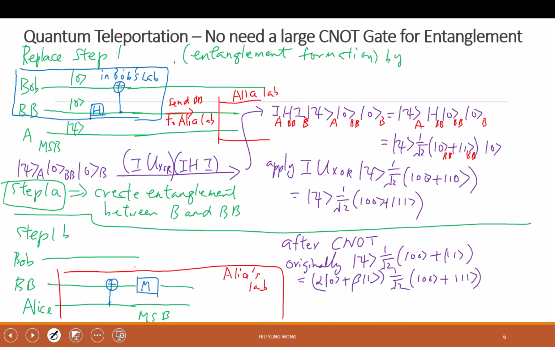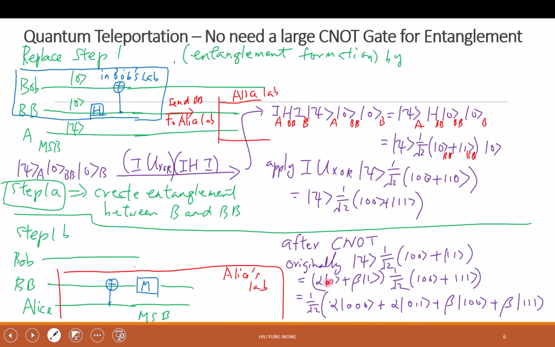And all we need to do is just expand it. Then what do you get? You get 4 terms, right? 1 over square root 2, alpha 0, 0, 0, plus alpha 0, 1, 1, plus beta 1, 0, 0, plus beta 1, 1, 1. Do you see that?